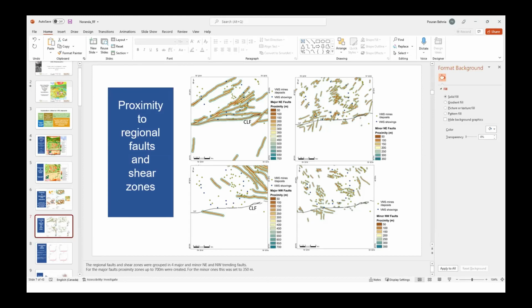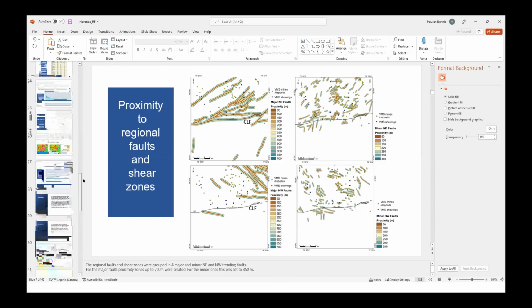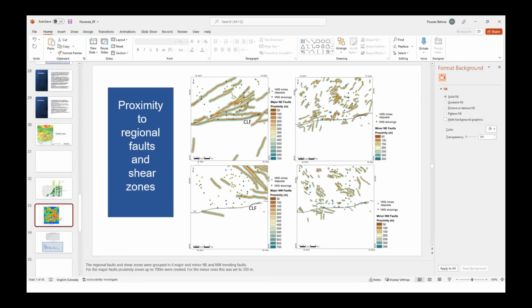But in another method which I explained for the larger area, we didn't use the 3D geophysical data.